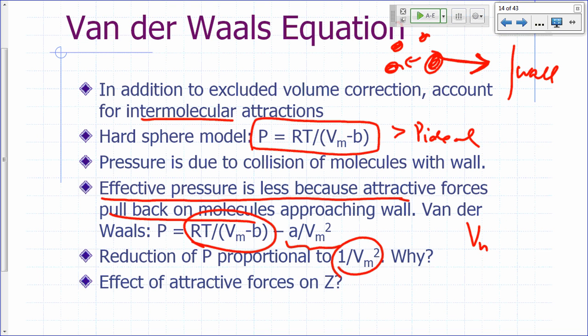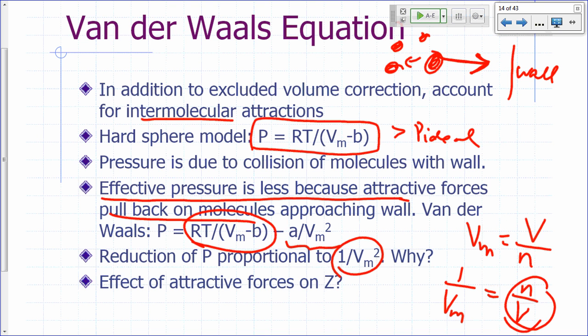Molar volume is volume over moles, so 1 over molar volume is number of moles over volume. That's really concentration, moles per liter. So the reduction depends on the concentration, N over V.